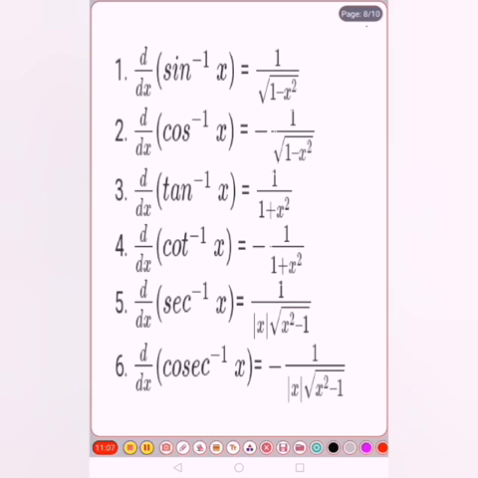The same formula will be applied for cosec inverse x, but because of the letter c coming in the differentiation of cosecant inverse x, we will be getting a minus sign, that is minus of 1 by mod x into root of x square minus 1.